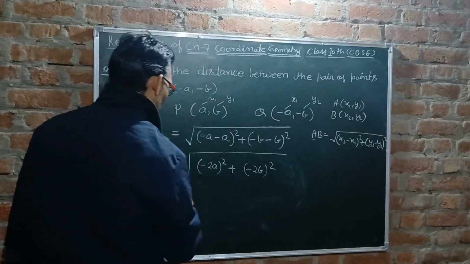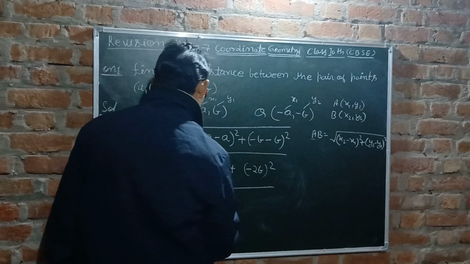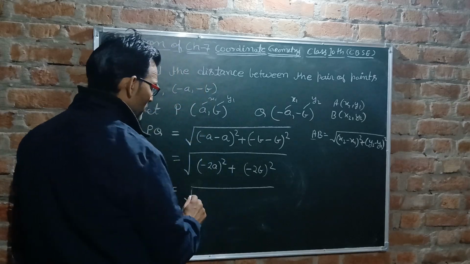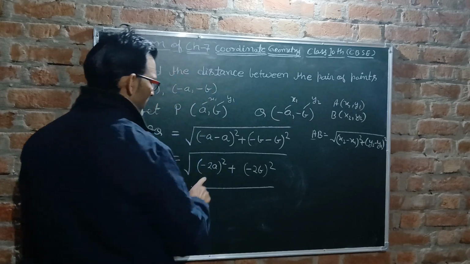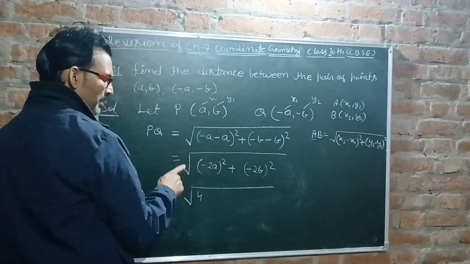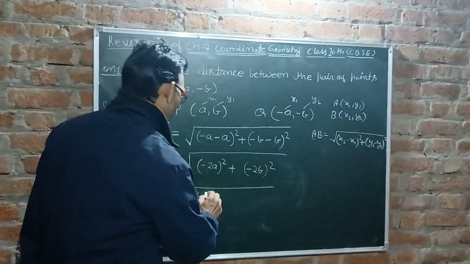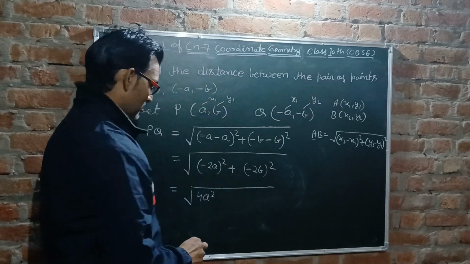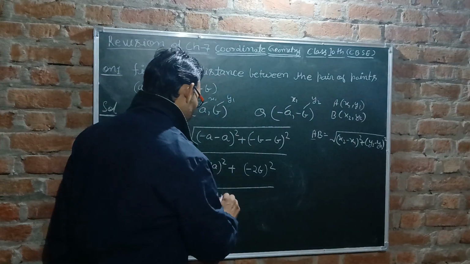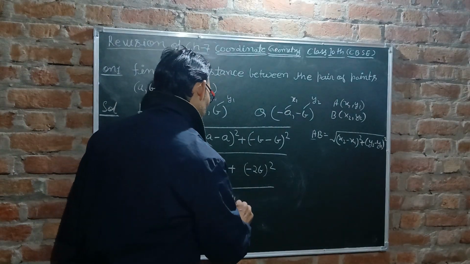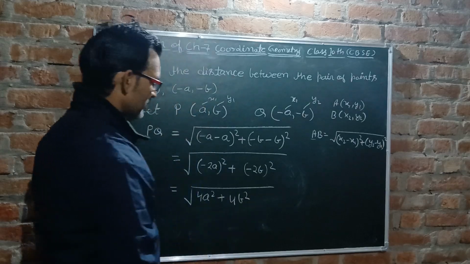Okay, so what will it be? It will be equal to 2 to the power 4, and this minus, when you multiply 2 times, you will get plus 4a square. Here 2 to the power 4, b square.